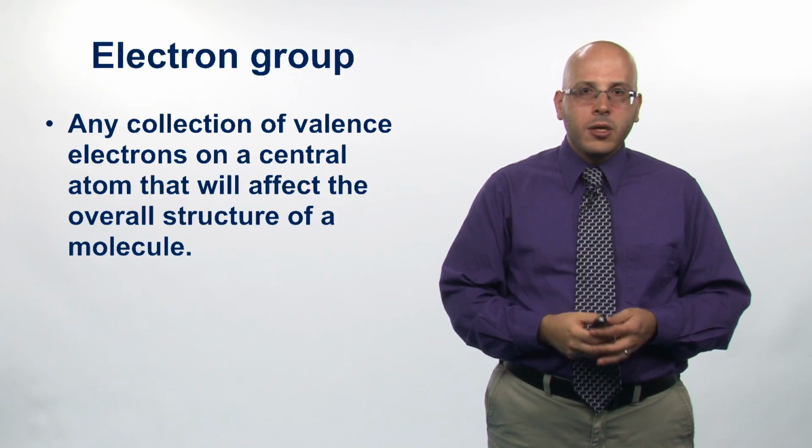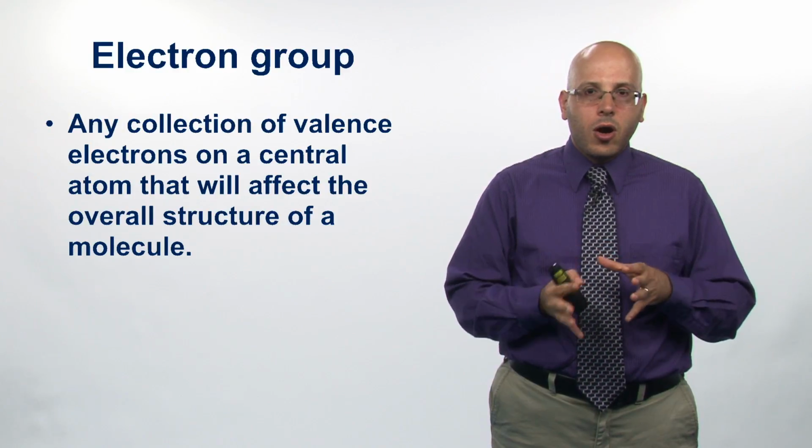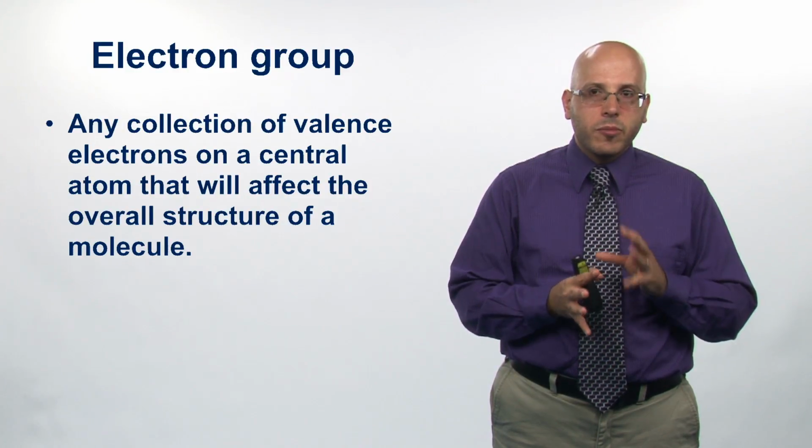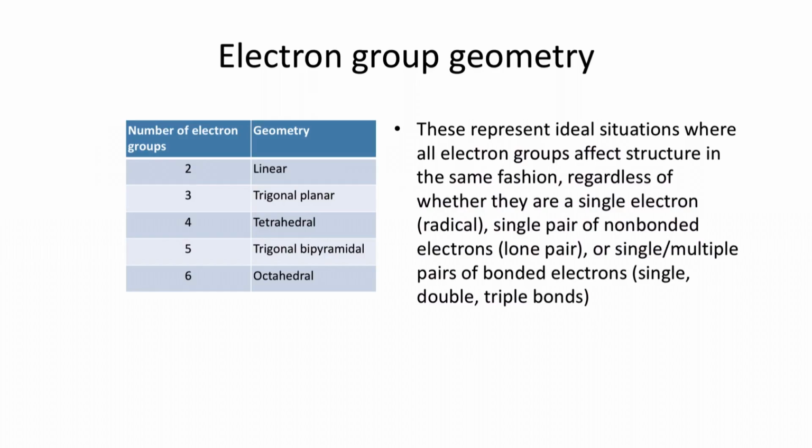Now I'm going to show you what this might look like in tabular form, so you can summarize all of the different shapes of these different molecules based on the numbers of electron groups. Here are the different electron group geometries, and they're based for now solely on the number of pairs of electrons.